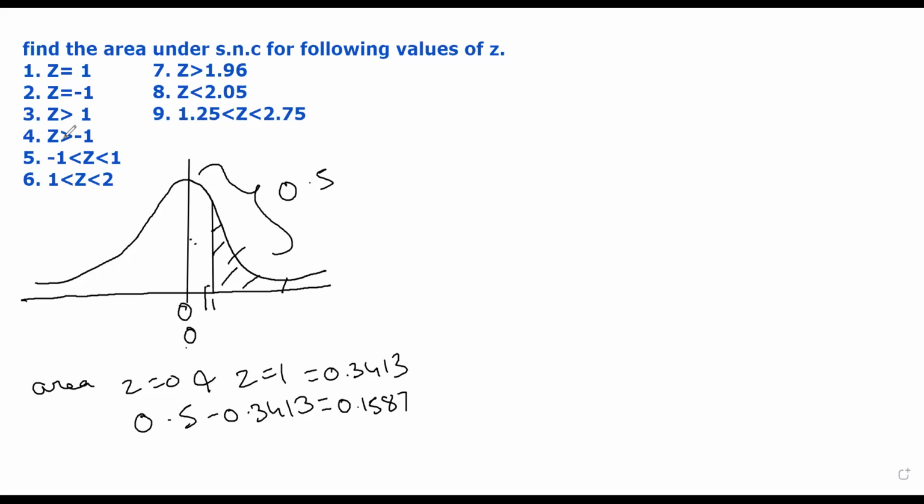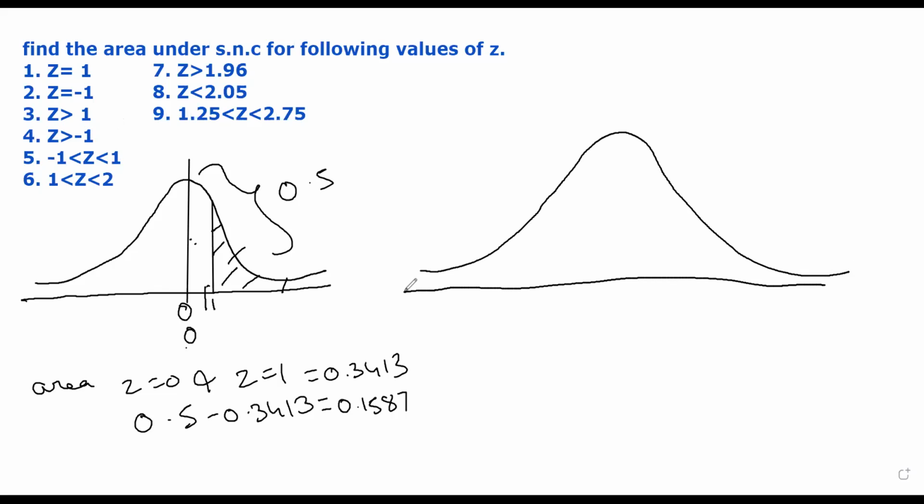Similarly, they have asked you area greater than Z is equals to -1. Now this is something different. On the standard normal curve, just to make you understand the concept, if you will see very properly, then this is just like a number line. Here we will have all positive values.